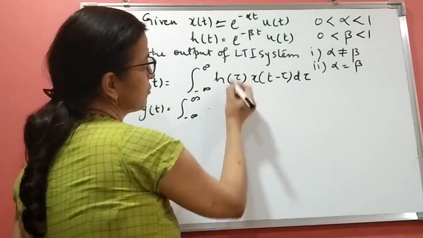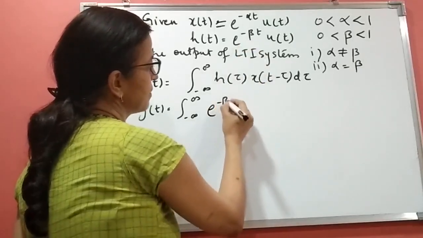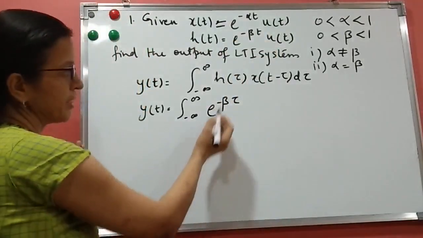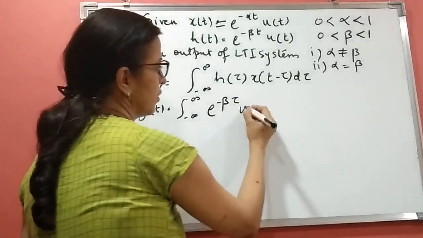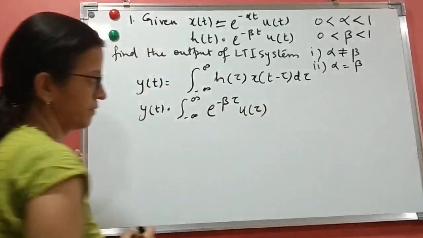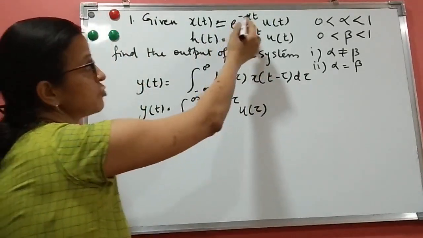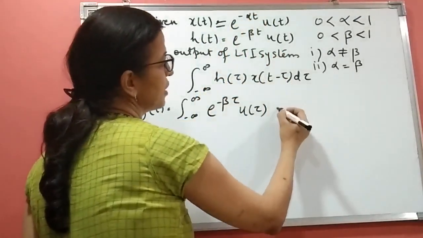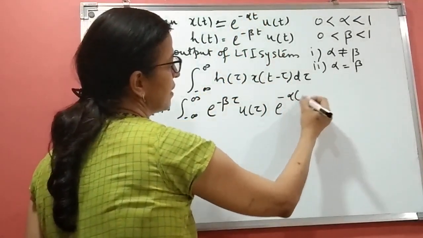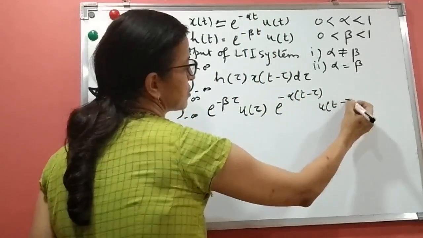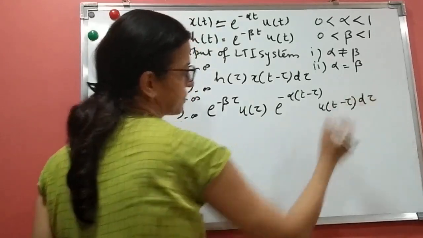Since h of t is e raised to minus beta t u of t, h of tau is e raised to minus beta tau u of tau. What is x of t minus tau? x of t is e raised to minus alpha t u of t, so x of t minus tau is e raised to minus alpha times t minus tau, u of t minus tau, d tau.